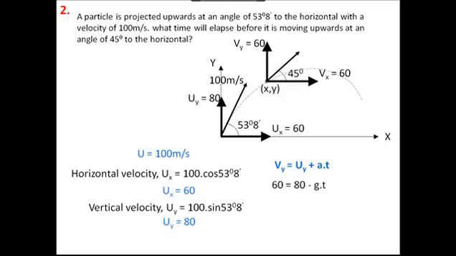Putting the numbers 60, 80 and minus g for a, we can work out the time, and that comes to 2.01 seconds. It means the projectile whose velocity was inclined at 53 degrees 8 minutes initially will be inclined at 45 degrees after 2.01 seconds, and this is what was asked.